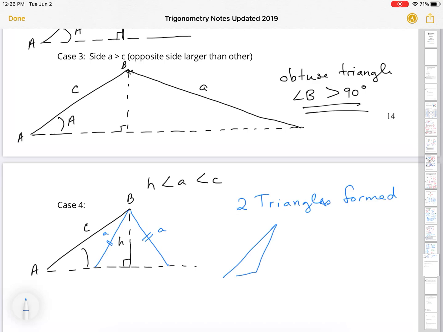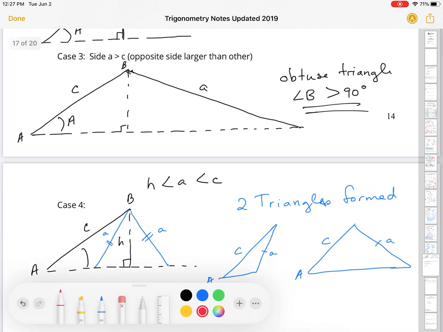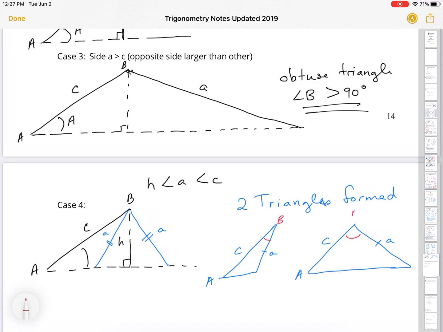So from this, we'll have a triangle that looks like this, A, C, and A, and a triangle that looks like this, A, C, and A. Now in those two triangles, we clearly have different measures for B and B, and we also have different measures for angle C, okay?